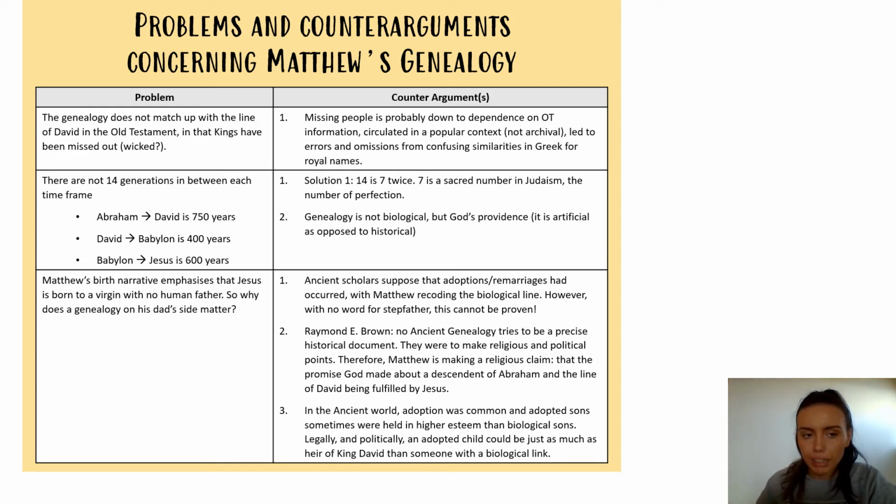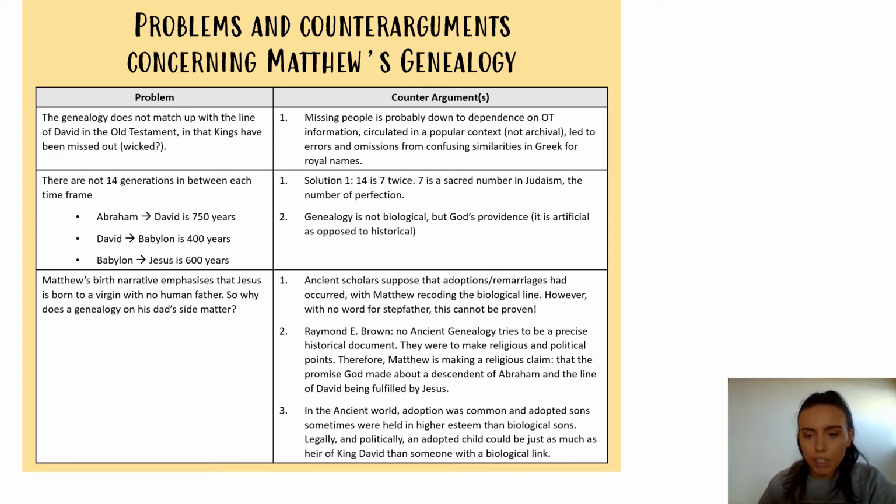Problem number 2 then is that if you look at the years between the individuals listed on the genealogy, there's not 14 generations. So if you look between Abraham and David, there's a 750 year gap. David to Babylonian exile is a 400-year gap, and Babylonian exile to Jesus is a 600-year gap, and mathematically this doesn't seem to add up.